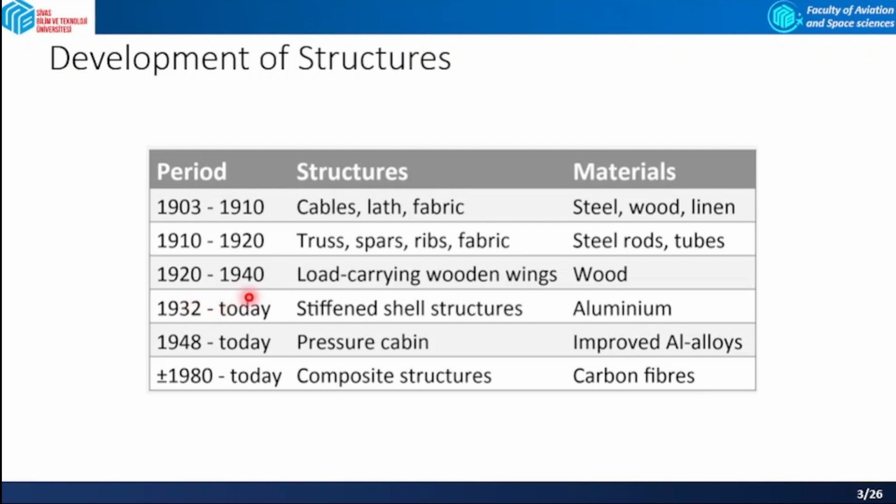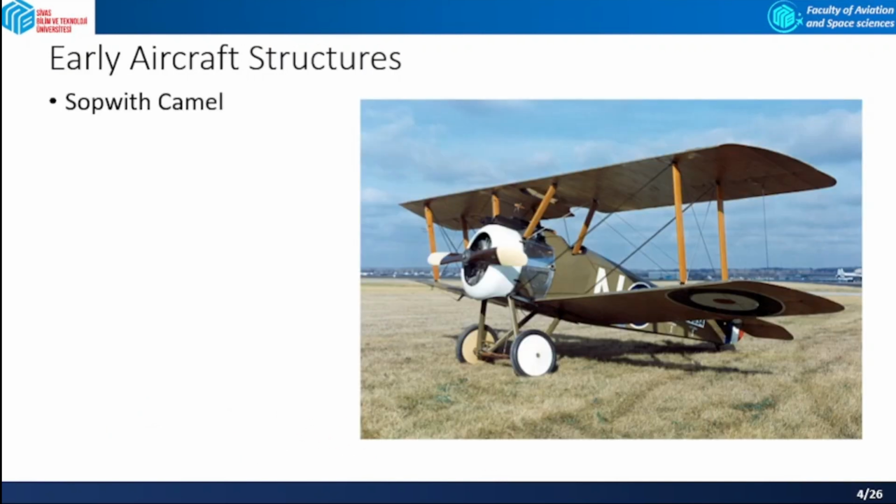Although after the introduction of composites, we can say that a new era has begun by the introduction of composites, and you see all those Boeing 787 and Airbus A350s by the introduction of the composites today.